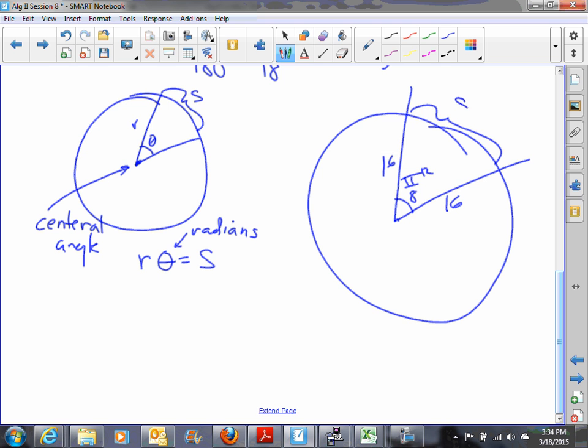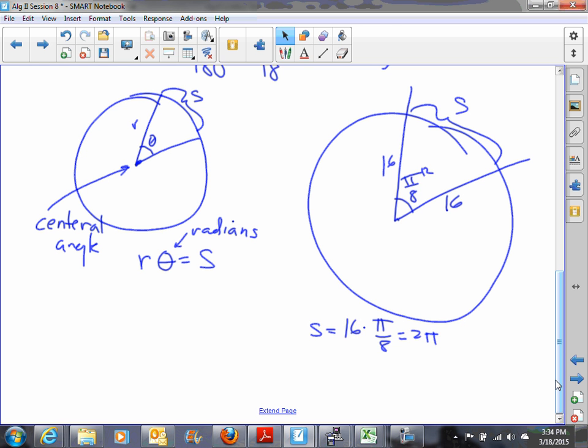Well, let's call it s. s would simply be equal to 16 times pi over 8, or 2 pi would be the length of that particular arc. So we can use radian measure very easily to find arc length on a circle of any radius by the formula s, arc length, is equal to r times theta.